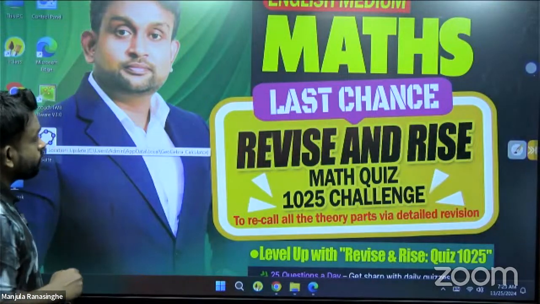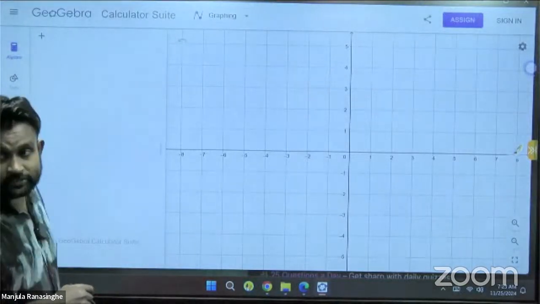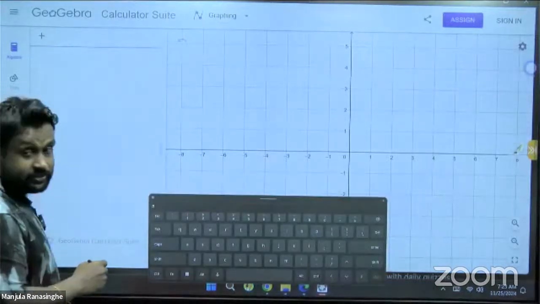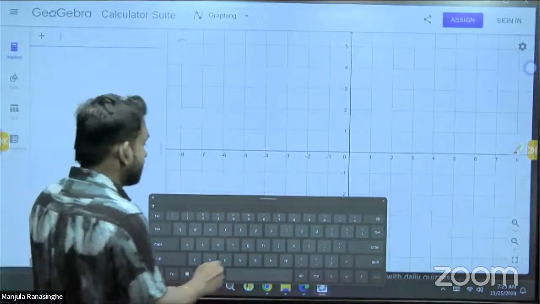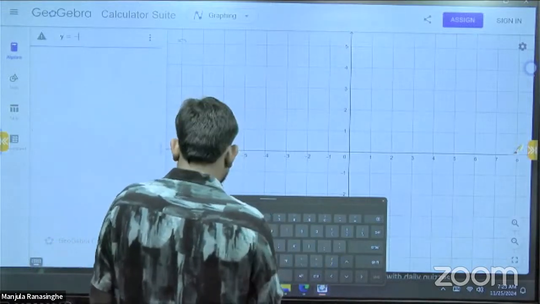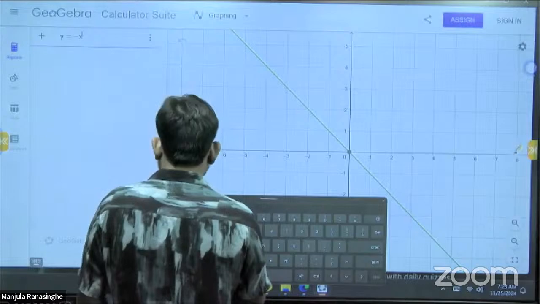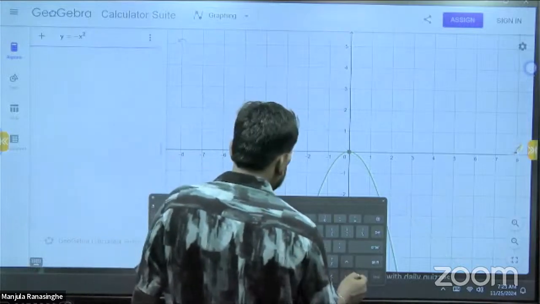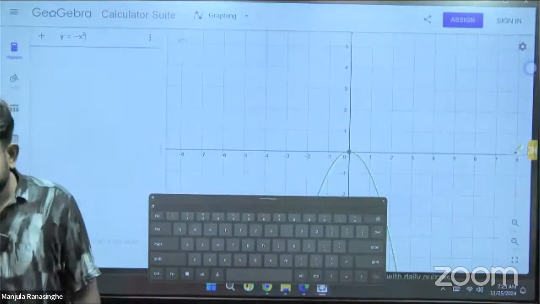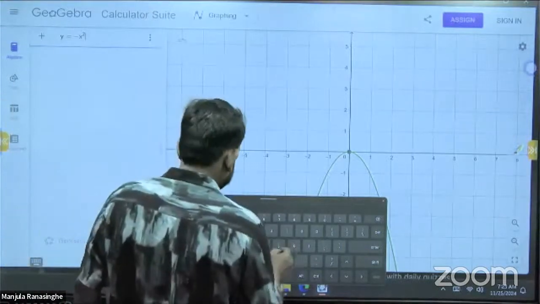I just need to apply the equation: y equals negative x squared plus 4.